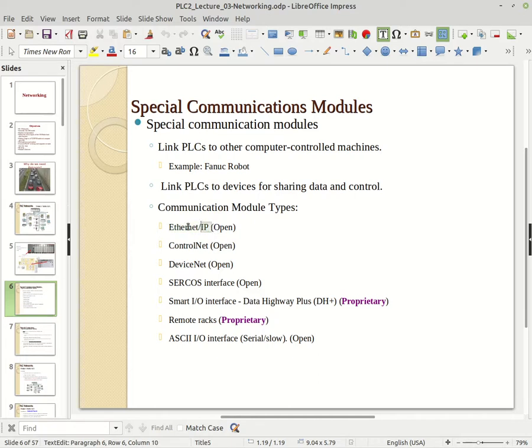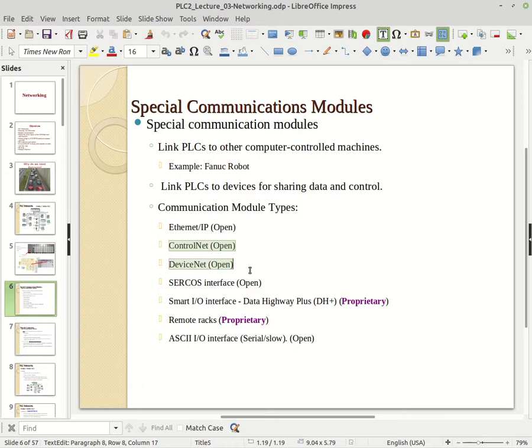So Ethernet/IP in this context actually refers to a dedicated subset of Ethernet specifically for industrial communication between PLCs and other devices on a network dedicated for manufacturing or some sort of production.